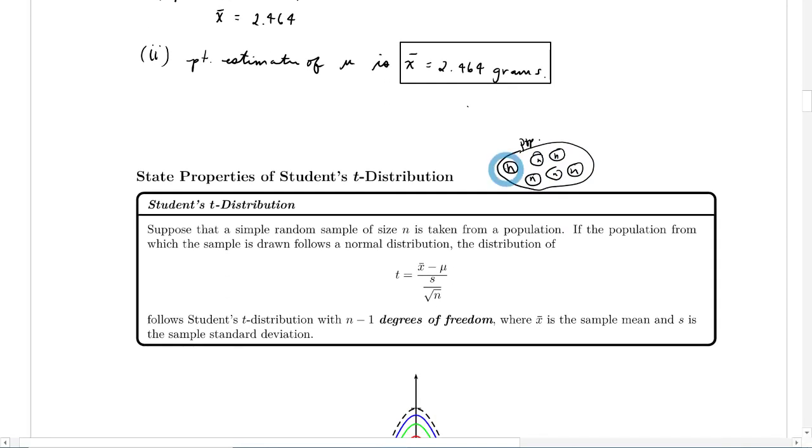So when we evaluate that sample, if the population from which that sample is drawn follows a normal distribution, then the sample we're using to estimate a population parameter uses the student's t-distribution. And the only difference here is we use degrees of freedom.